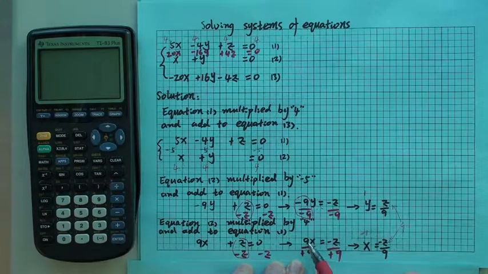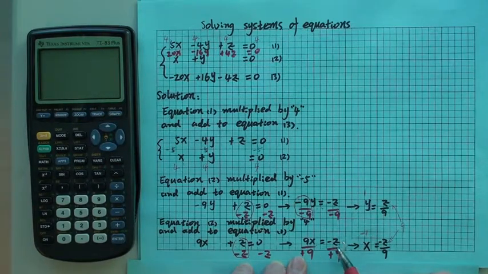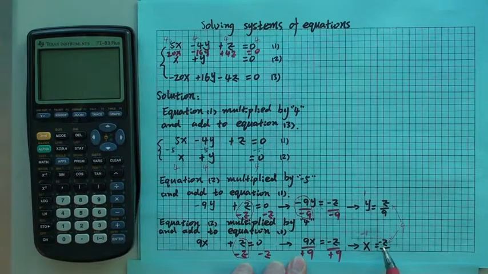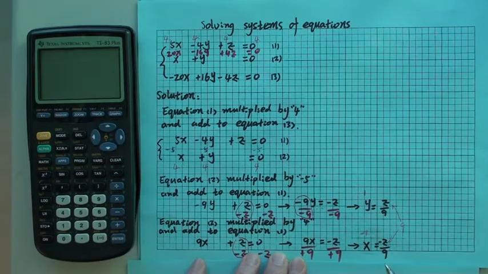You can see 9 upstairs, 9 downstairs, then you have a 1. 1 times x, you have an x. And then here is negative z divided by 9, so you have negative z over 9. So x is also expressed by z. That will be the solution for x.